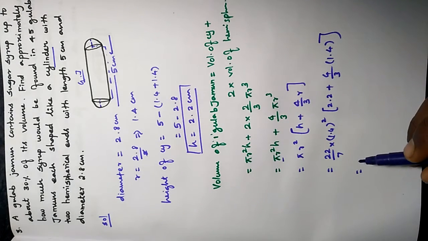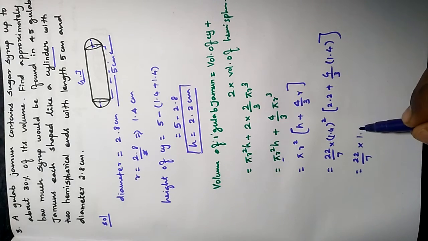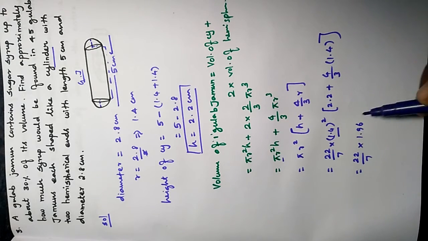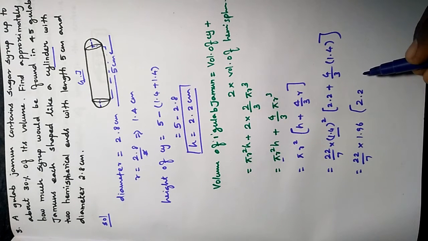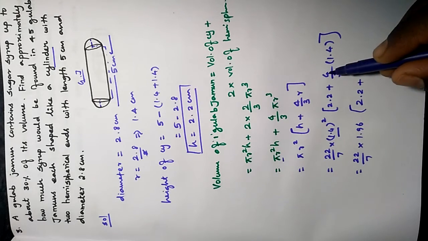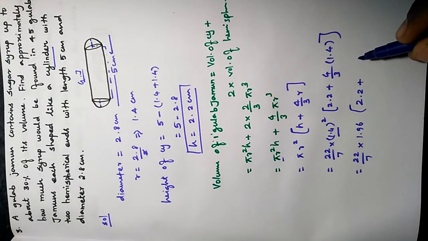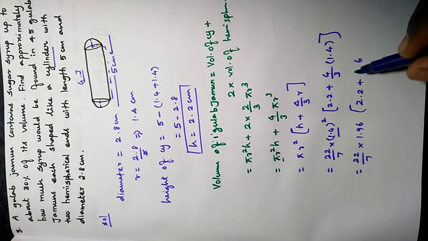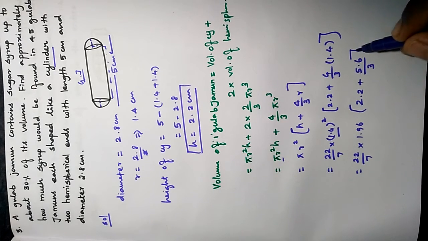Now let's simplify further. 22 by 7 into 1.96, the square of 1.4, if you multiply 2 times, you will get it. Next your 2.2 plus, multiply this, you will get 16. 4 4s are 16, 1 remainder, 4 1s are 4 plus 1 is 5, so 5.6 by 3.